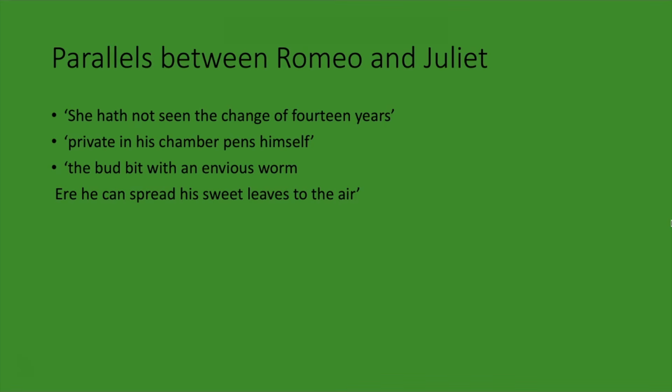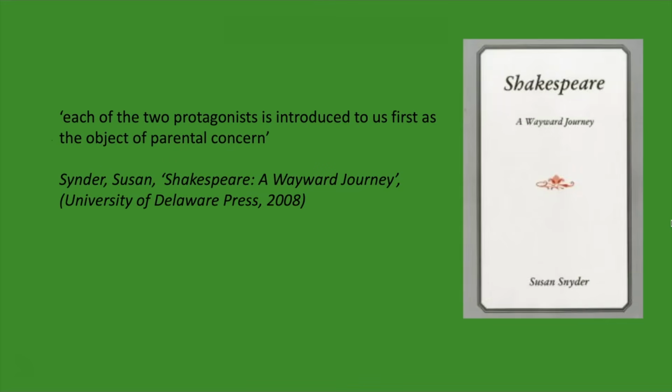Shakespeare also uses structure to draw parallels between the youth of Romeo and Juliet. Before we meet Romeo himself, his parents talk about him with concern, and the same can be said with Juliet. Snyder notes how each of the two protagonists is introduced to us first as the object of parental concern.